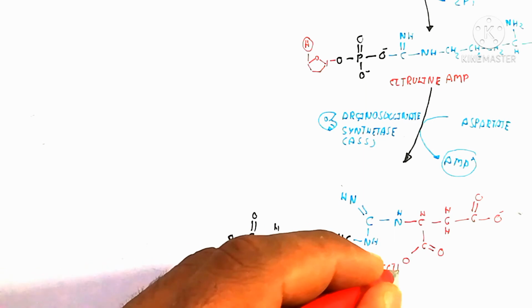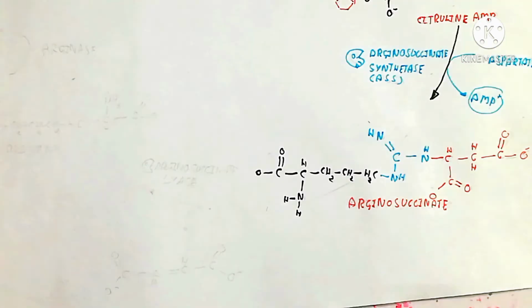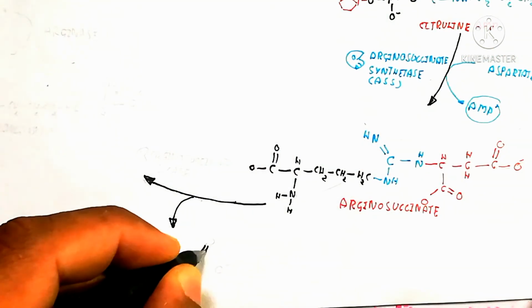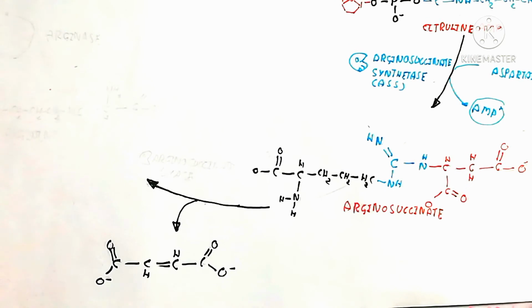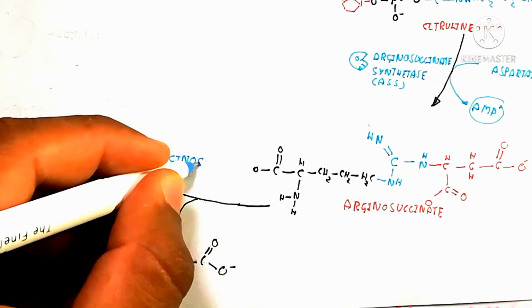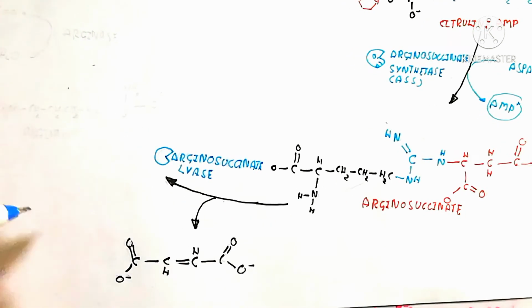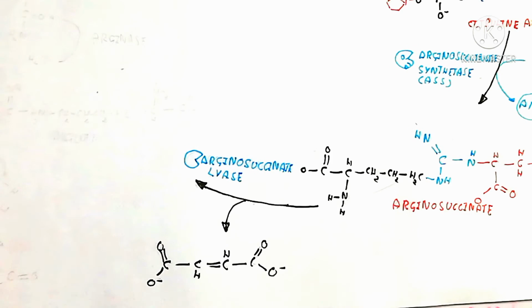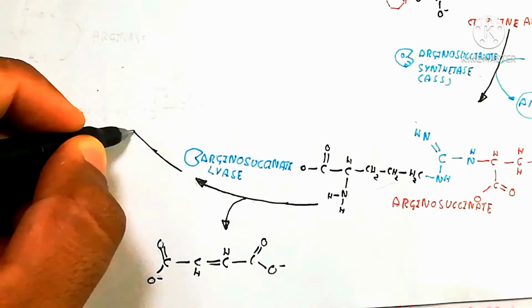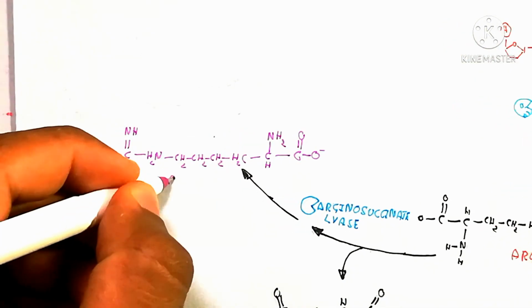And then the compound will be separated by the enzyme argininosuccinate lyase to release the dicarboxylic acid, the carboxylic ions, which separate. So here arginine will be produced in the presence of argininosuccinate lyase.